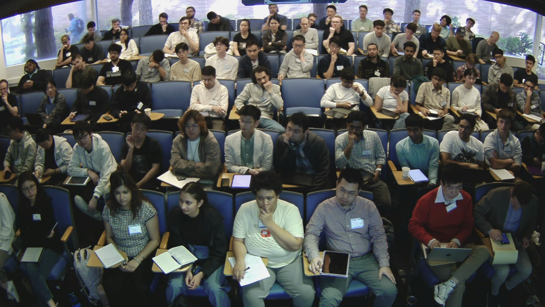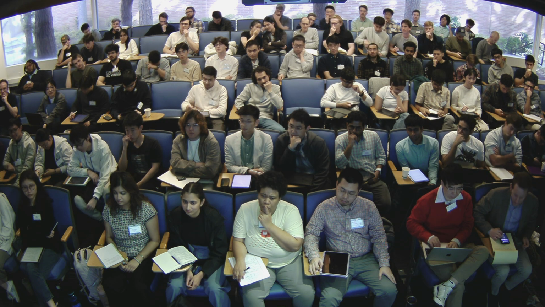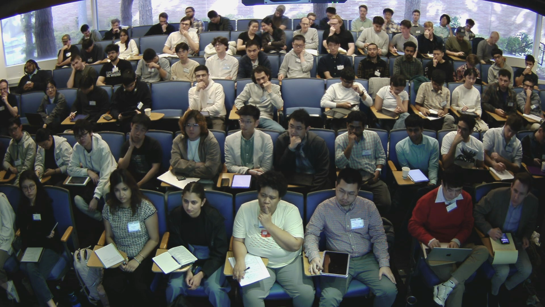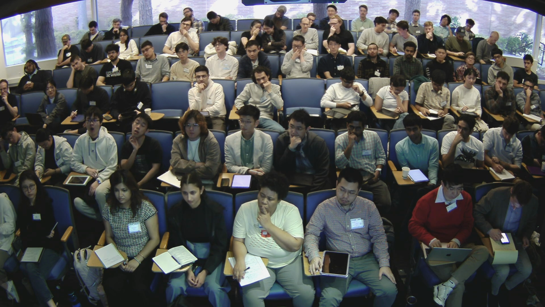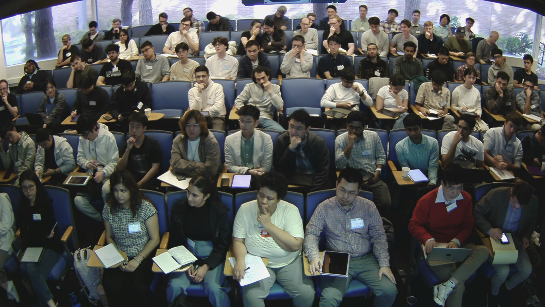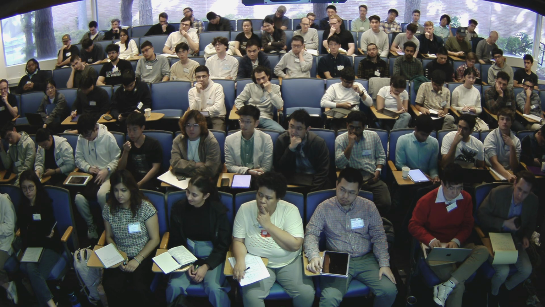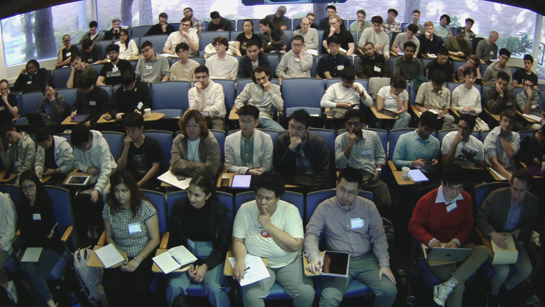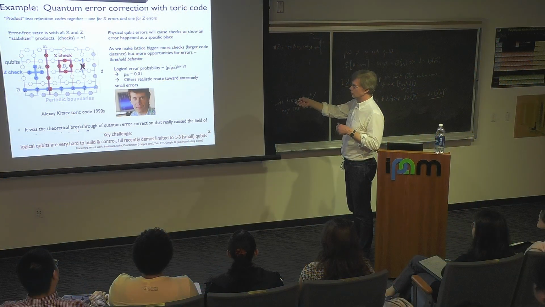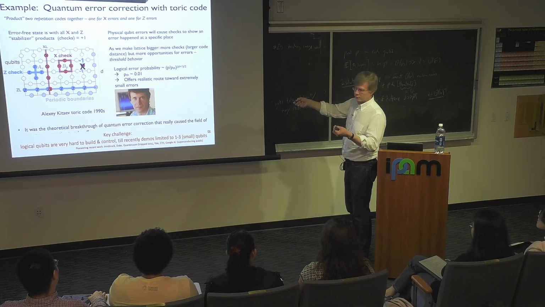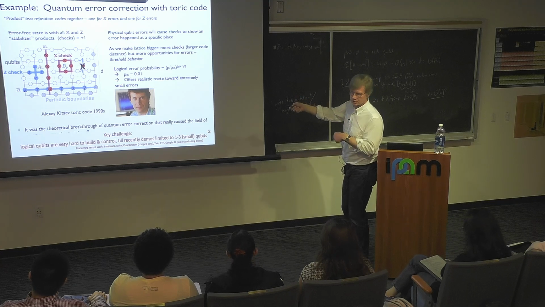Let me give you an example. This depends on what the threshold is with respect to, whether it's a memory threshold or an operation threshold, but we will go into these details in a minute. Suppose your error per physical gate is 10 to the minus 3.